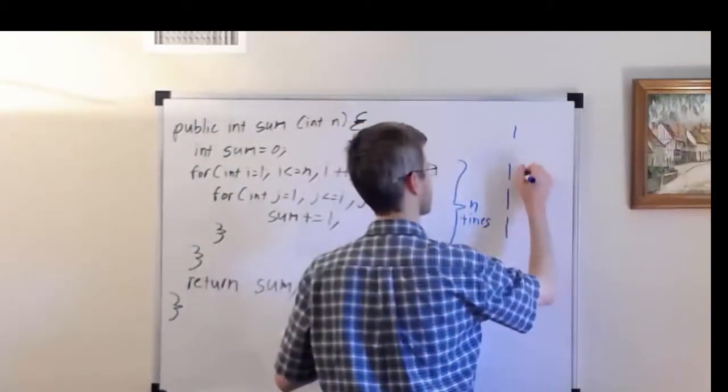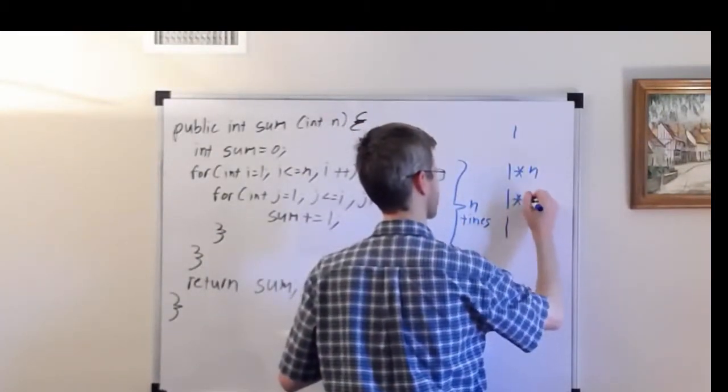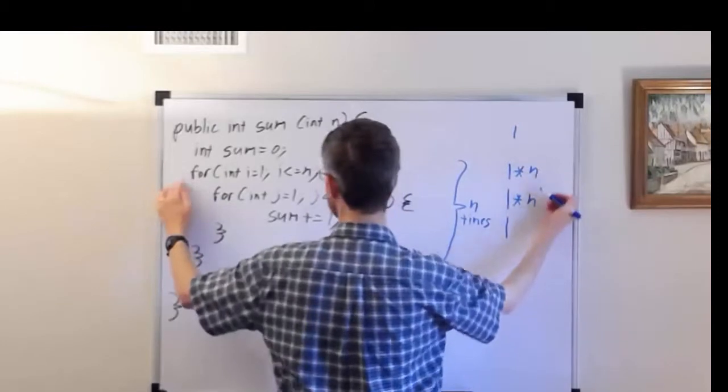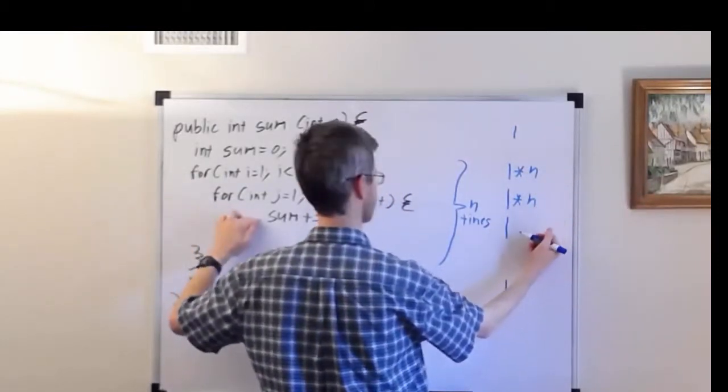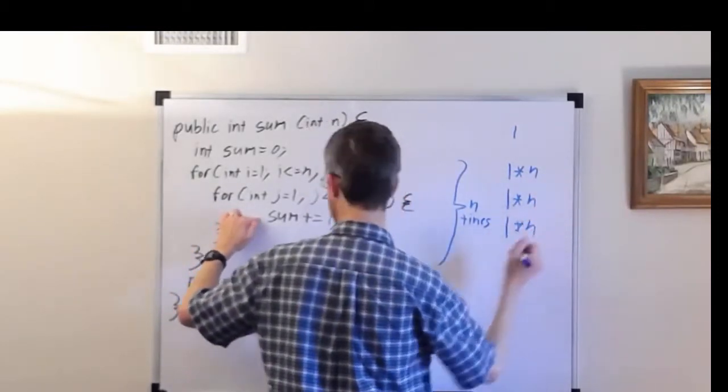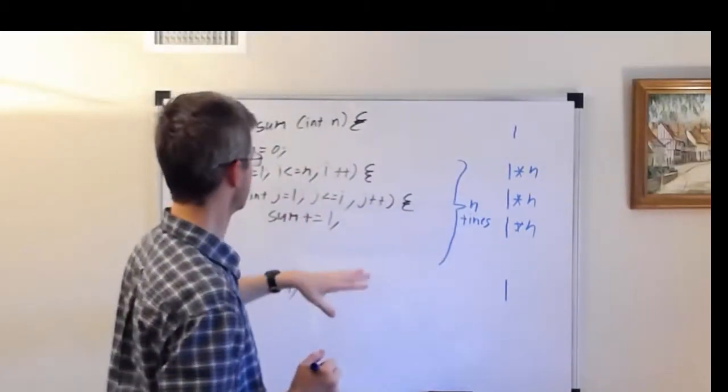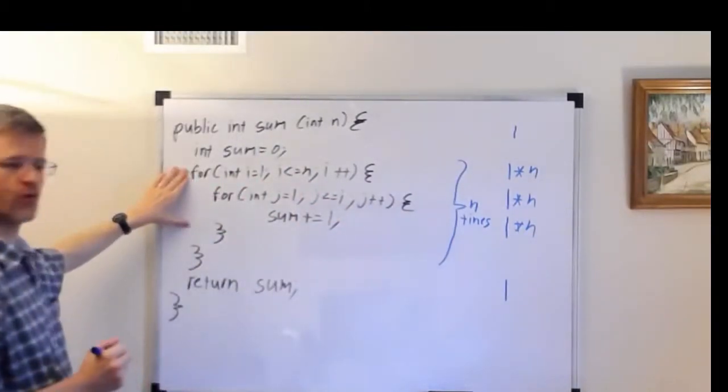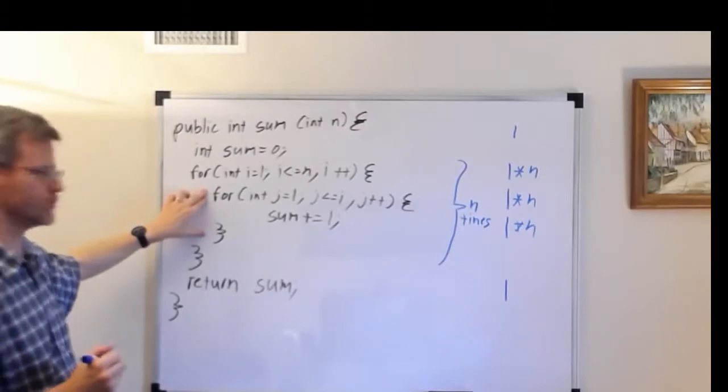So the cost of 1 times n, this cost of 1 is going to be multiplied by n, this cost of 1 is going to get multiplied by n. Then that takes care of the outer for loop, but we have another for loop in here.